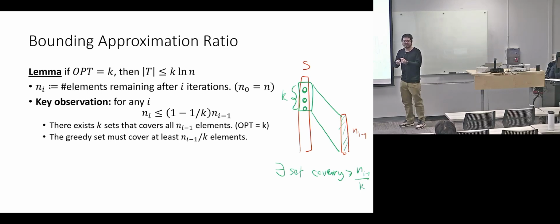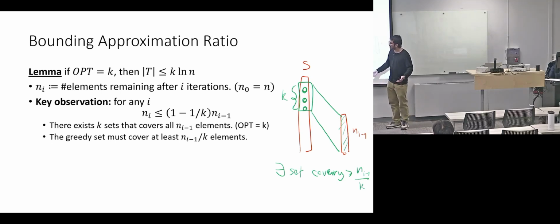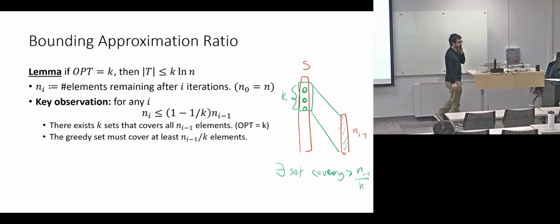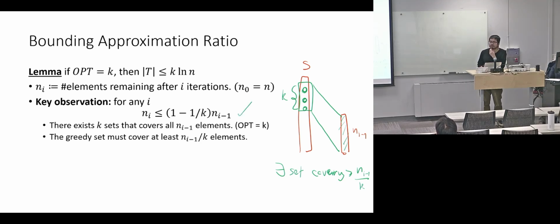You have k sets. If each of them covers even less than this, there's no way to cover everyone here. So there is a set that covers this much, and greedy chooses the set that covers the most among these, so we will cover at least this much too. Everyone is good with this one?